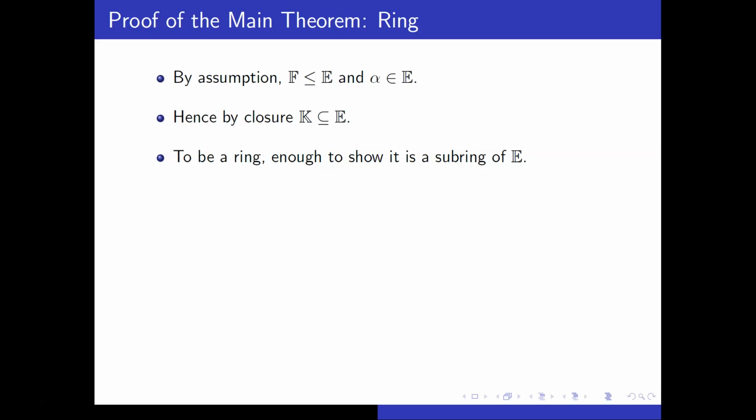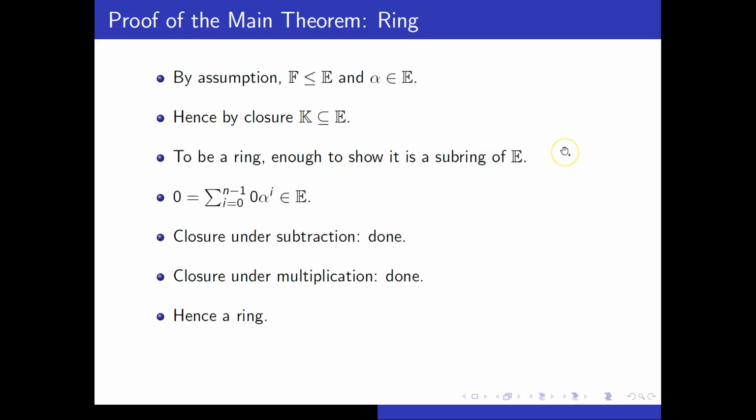Now we want to show that it's actually going to form a ring. All right, well, by assumption, F was a subfield of E and alpha is an element of E. So all powers of alpha and all multiples of alpha by elements of F all belong to E. So in particular, K, whatever it is, is a subset of E. For me to show that K is indeed a ring, all I need to do is show that it is a subring of E to make certain that I have distributivity, etc. We've essentially done that. 0 is in there because I can just take 0 times every power of alpha, add those together, that gets me 0.